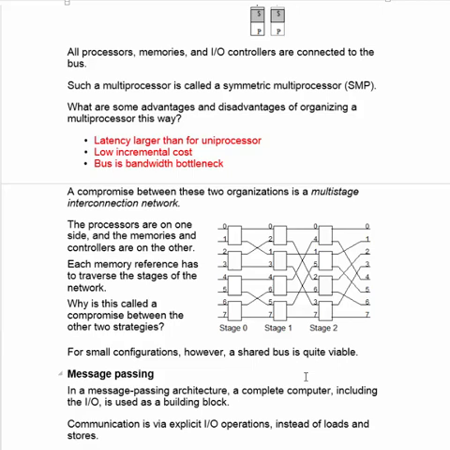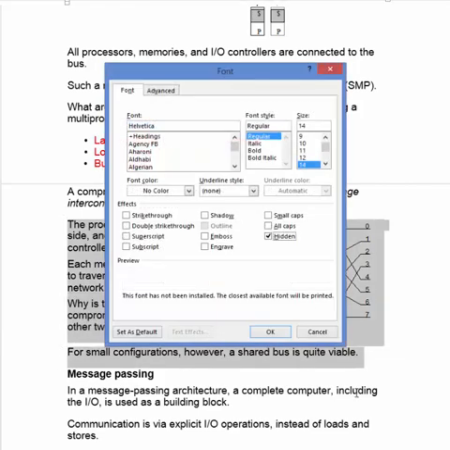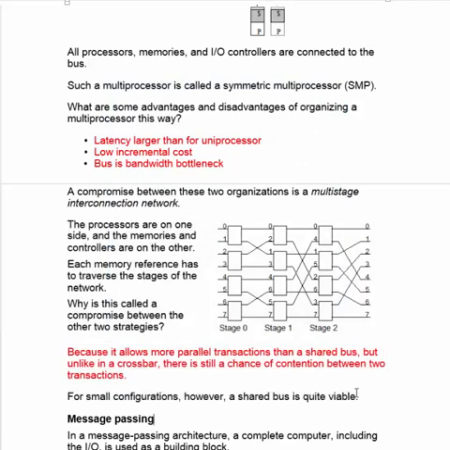So the advantage of this is that you can do communication from processors to memories without a lot of contention, but of course you do have a little bit of contention, and that's why it's called a compromise between the other two. It allows more parallel transactions than a shared bus, but unlike in a crossbar, there's still a chance of contention between two transactions.